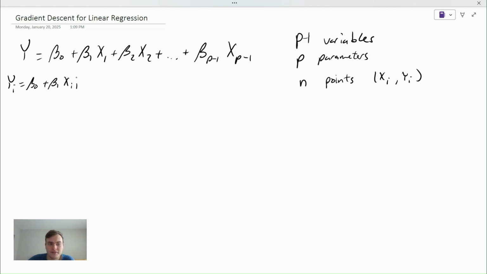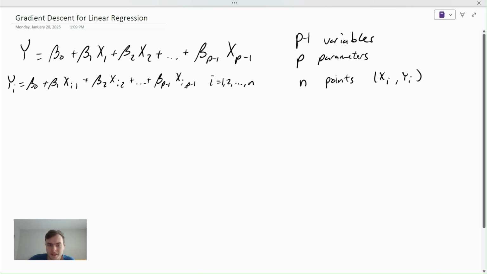So that's the ith row and then the first variable. Right, and then i goes from 1 to n. That's often called the index or the row. It's the label for the point, right?